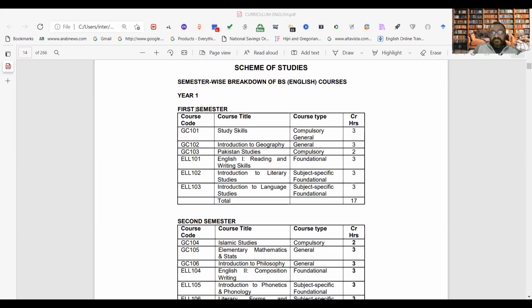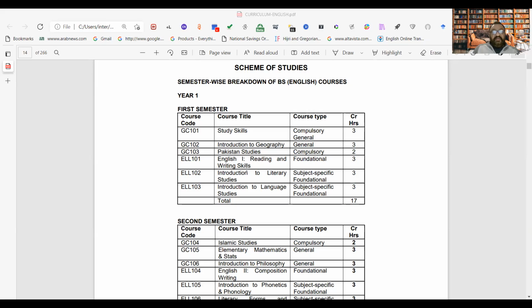First year, year one, you have course title, study skill, a compulsory, general course, introduction to geography, general course. These courses have three credit hours. Pakistan Studies is a compulsory course, not general, 2 credit hours.